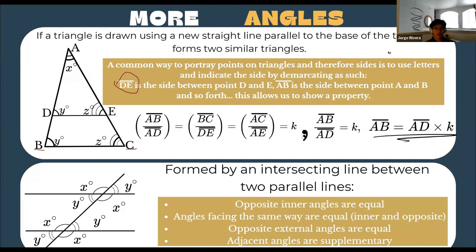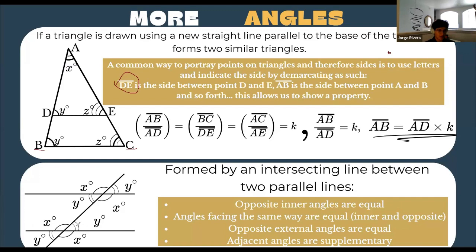All right. So another property. Is Pamela still on this call? All right, Pamela's still on this call. These are all properties that are formed by an intersecting line between two parallel lines. So opposite inner angles are equal. The inner angles here are the angles inside the two parallel lines.